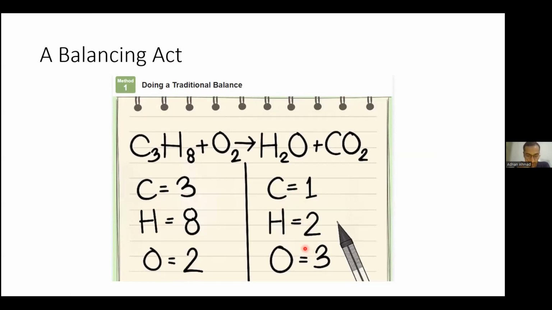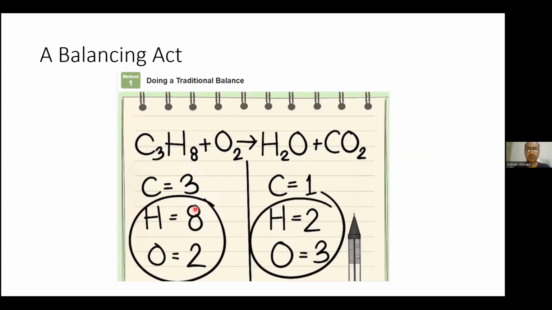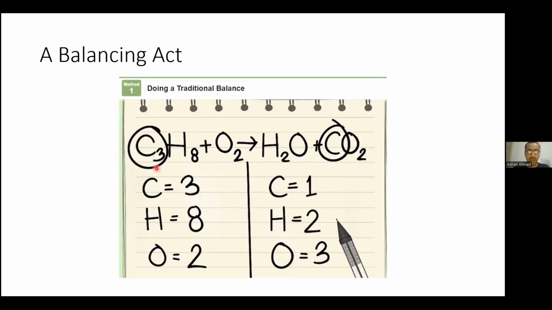So how will we start balancing this? We can start from changing the number of hydrogens and oxygens first. We have 8 hydrogens on the left-hand side, 2 hydrogens on the right-hand side, 2 oxygens on the left-hand side, and 3 oxygens on the right-hand side.